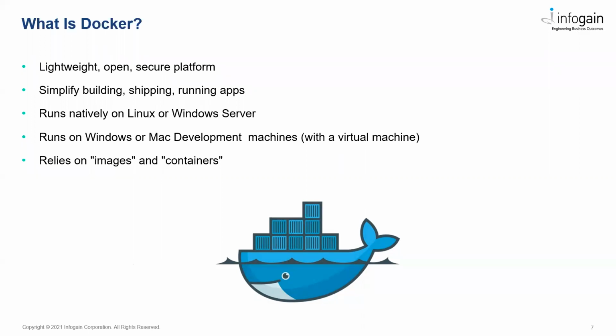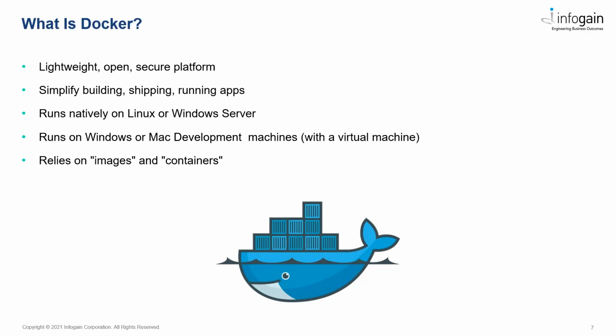That means you're talking about pushing or pulling, either sending or downloading. That's shipping, and this Docker product helps you do it. The third one is running apps. I have already downloaded my app, but I want to run it. So the Docker product helps you with building containers, shipping containers, and running containers. Is that clear? Okay, great.